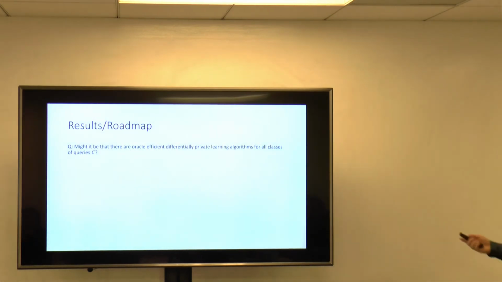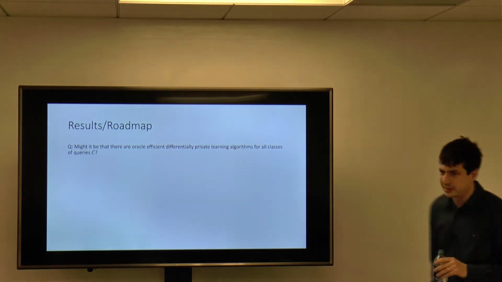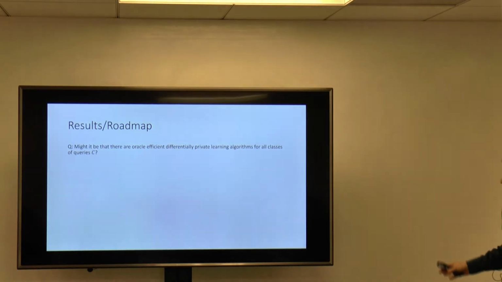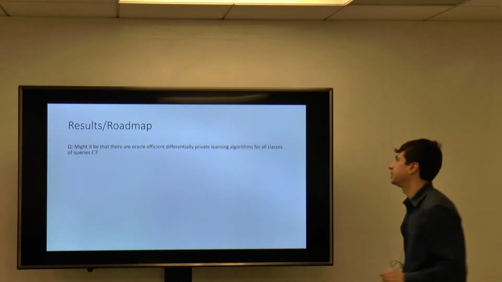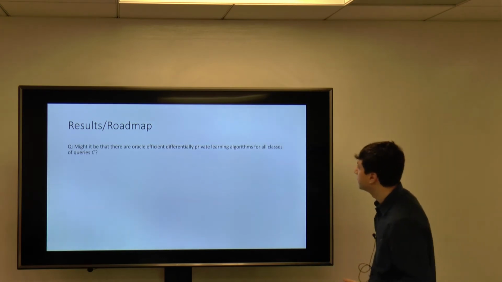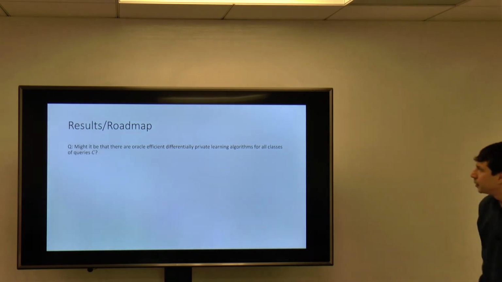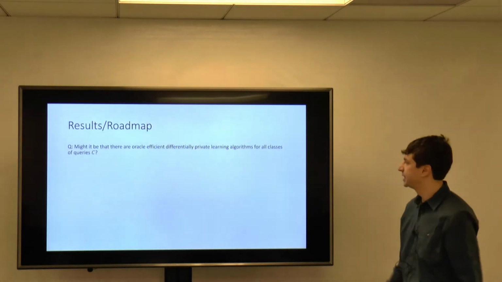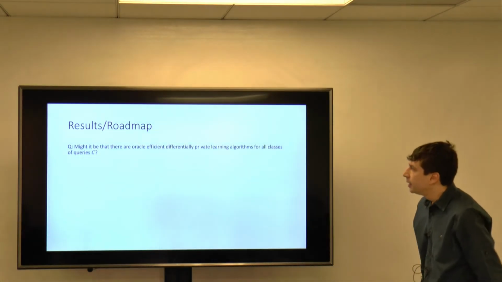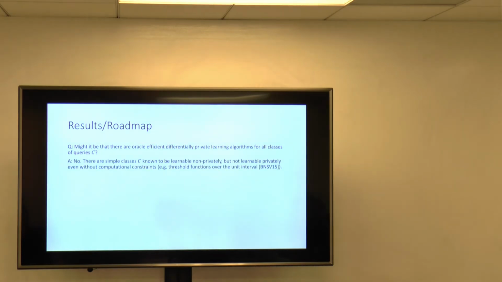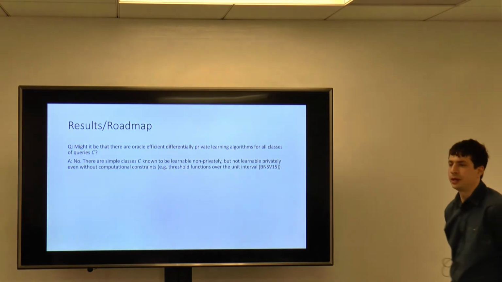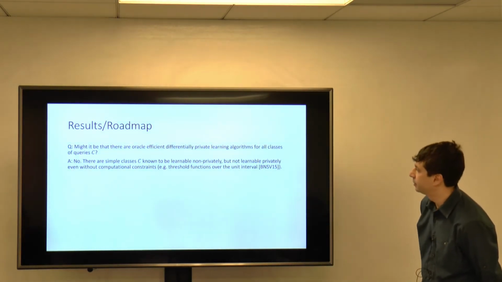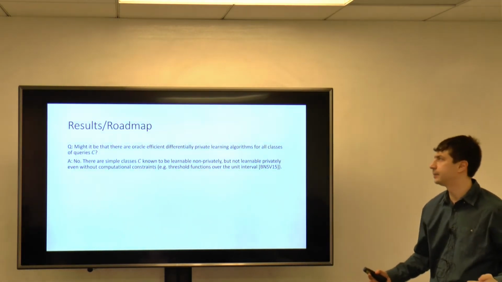Okay. So before I get into the details, a couple of questions you might ask. I said you can do this for some yet to be defined large class of learning problems. You could ask, might there be Oracle efficient differentially private learning algorithms for all classes C known to be learnable? And the answer is no, because there are separations between what you can learn subject to differential privacy and what you can learn without the privacy constraint, just information theoretic separations.